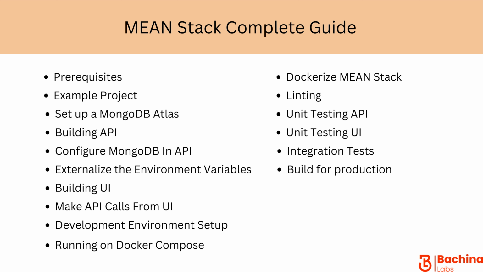There is MongoDB, and the configuration of MongoDB in our API, externalizing environment variables, building your UI interfaces, and running all this setup on Docker Compose, unit testing your API, unit testing UI, integration tests, and how you build your stack for production. So there is a lot more, and don't worry, we're going to cover each and every point here as a separate episode in detail. So stay tuned.